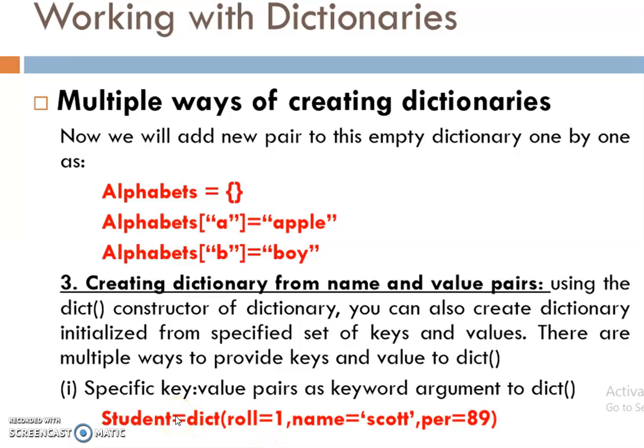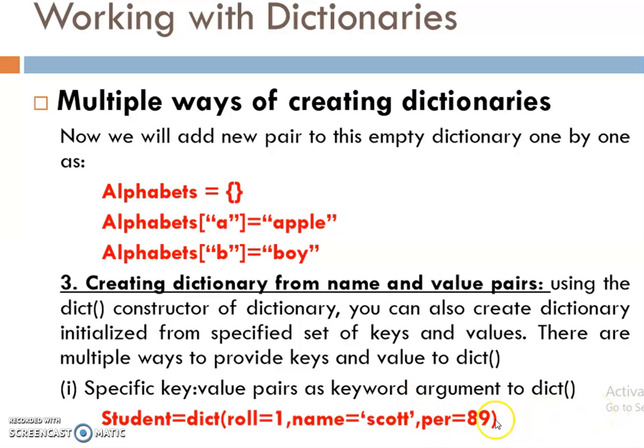Next one, creating a dictionary from name and value pairs. Using the dict constructor, you can also create a dictionary initialized from a specified set of keys and values. There are multiple ways to provide keys and values to dict. The first format is to specify key value pairs as keyword arguments to dict.